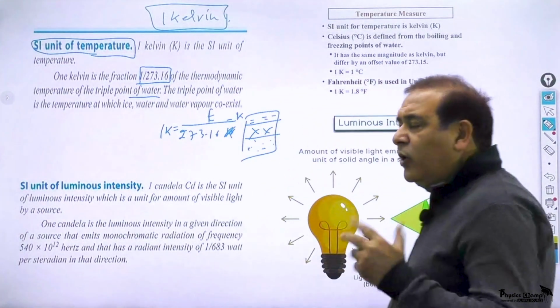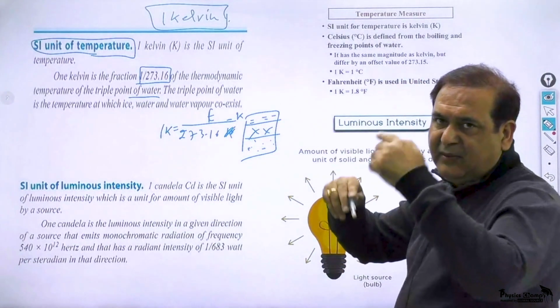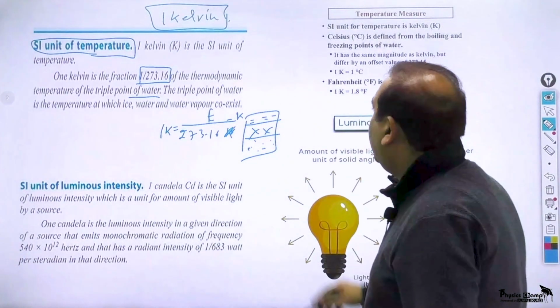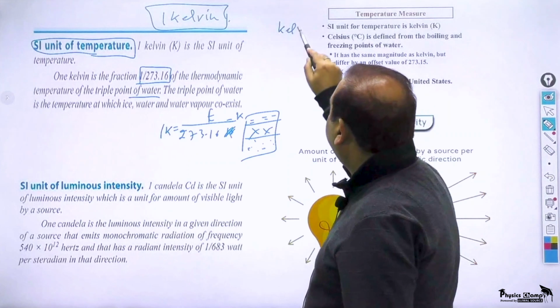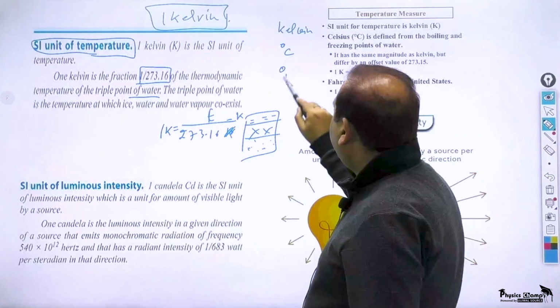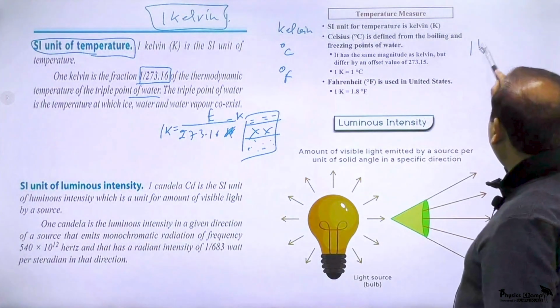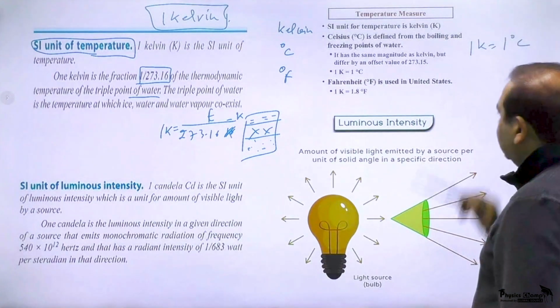When we are talking of temperature, we have three different scales that we generally talk about: Kelvin, degree Celsius, and degree Fahrenheit. So a change of 1 Kelvin is actually a change of 1 degree Celsius.